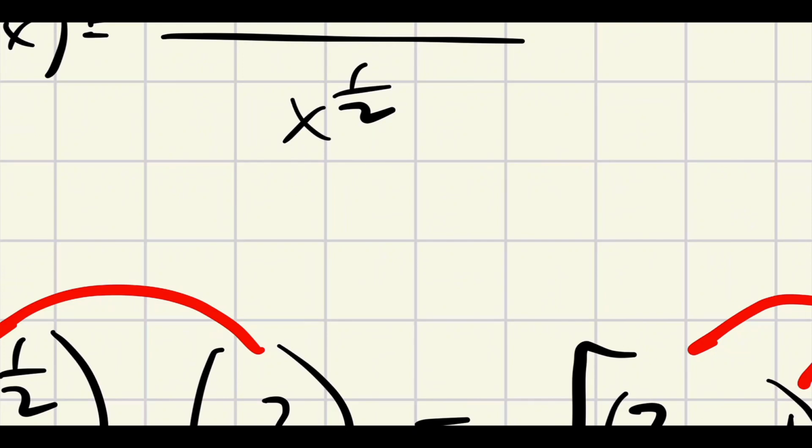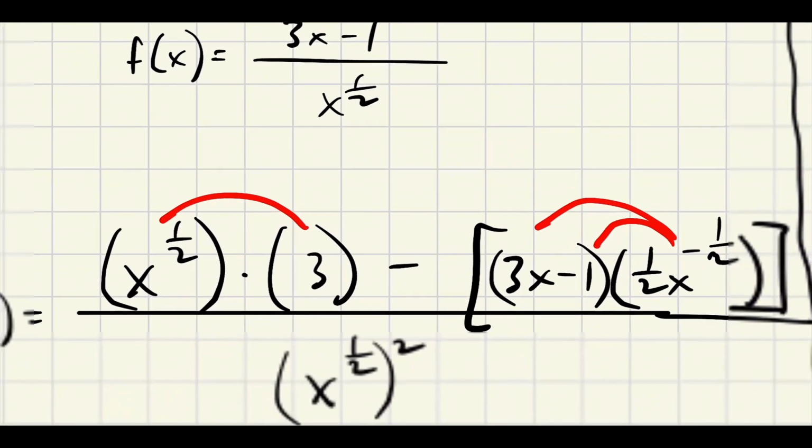So the power rule says move 1/2 to the front and subtract a whole power. So if I were to move 1/2 to the front, I get 1/2, and then I got to subtract 1 whole power. That leaves negative 1/2. Okay.